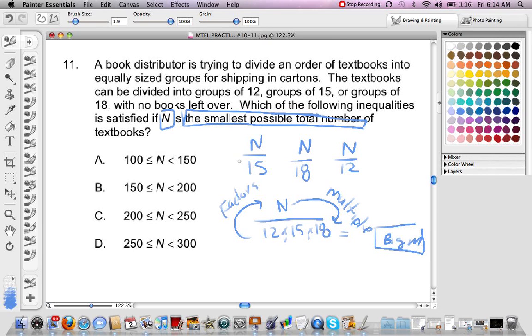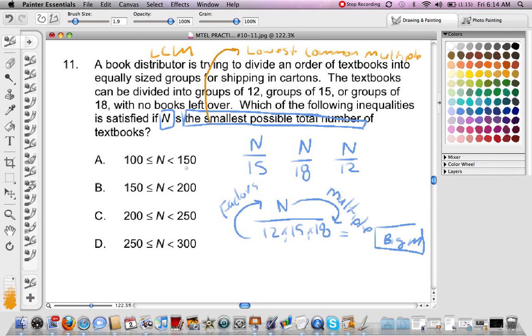So this catchphrase, the smallest possible, is a hint that it's looking for the lowest common multiple. Or we're going to call this the LCM.